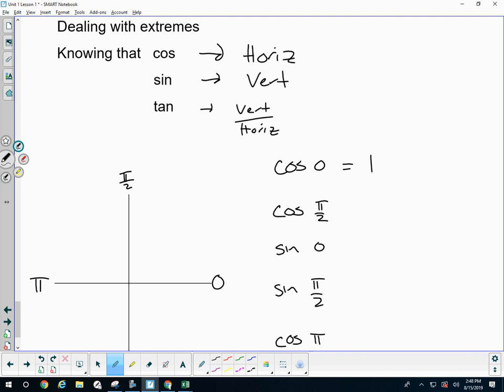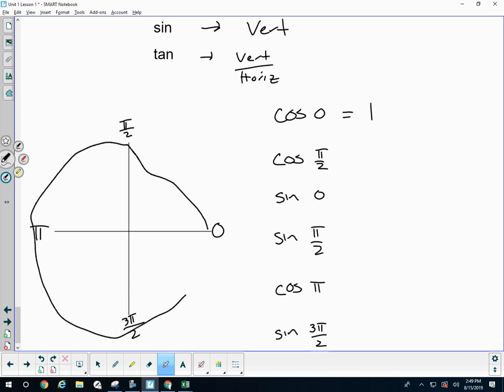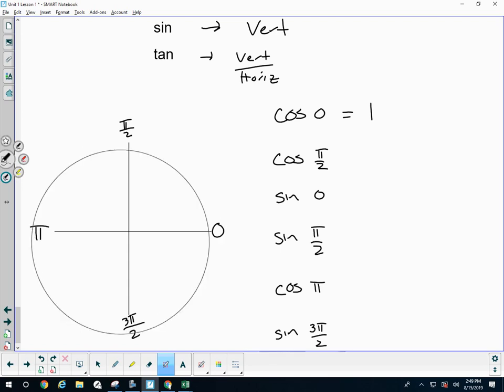And here is how I know that. If I travel to the unit circle location of 0, so let's just draw a unit circle really quickly. I'll do the best that I can, and hopefully it'll pop. There we go. Okay.